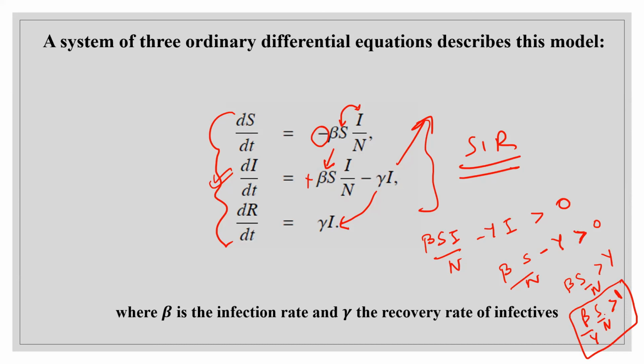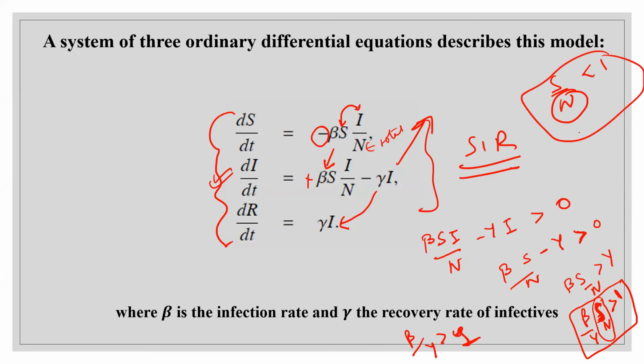Now, can you see that for this inequality to hold true, beta by gamma should be greater than 1, because what will S by N be? Can you tell me? N is the total population and S is susceptible, so S by N will always be less than 1.